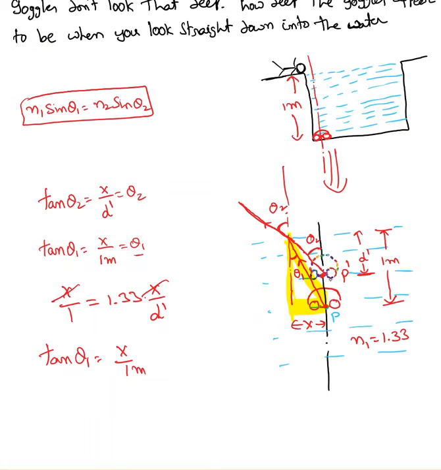The virtual image is where we feel like the object is, but in reality the object is not there. From there I can say tan theta 2 equal to opposite over adjacent, x over d prime, where I'm calling this distance d prime. And tan theta 1 equal to x over 1.